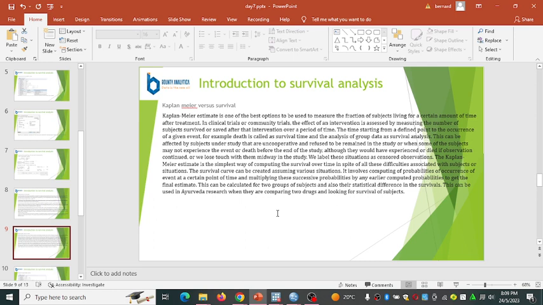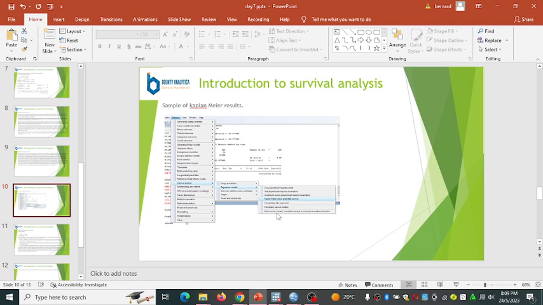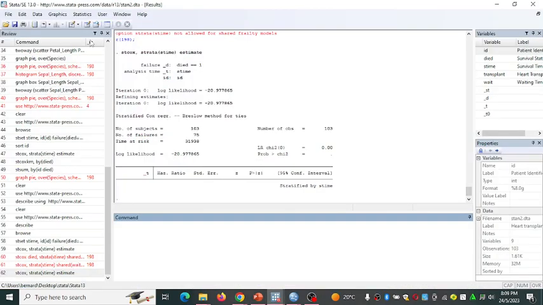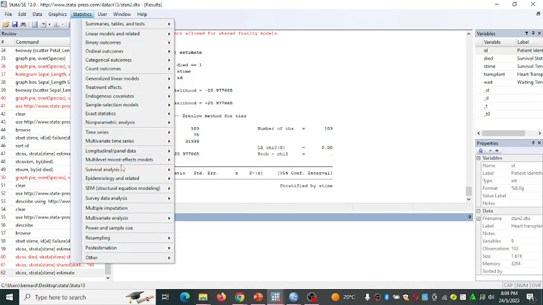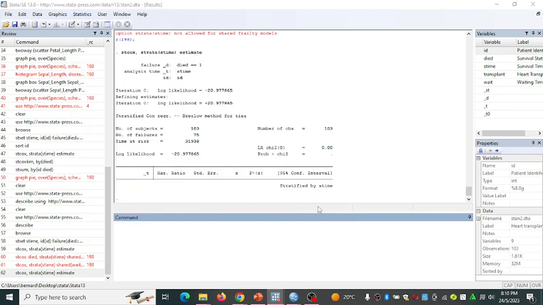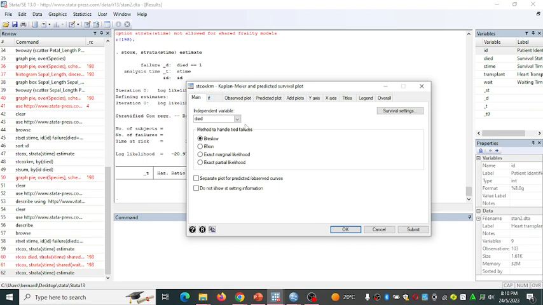So let's try to do the Kaplan-Meier. For Kaplan-Meier, you just click on statistics, survival analysis, regression model, Kaplan-Meier versus the predicted survival. Click on it and produce. You can come up with any output with any variable that you want to estimate.